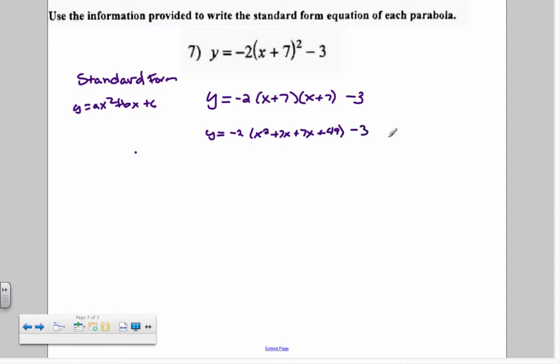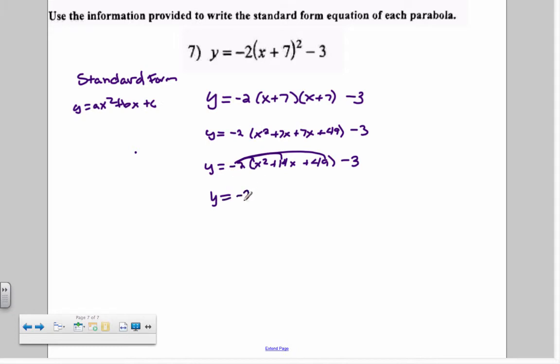And then here I have the minus 3. So inside here, I'm going to combine like terms before I distribute the negative 2. So I should have x squared plus 14x plus 49. Again, order of operations takes over, and I have to distribute before I can subtract. So I'm going to distribute in this negative 2.